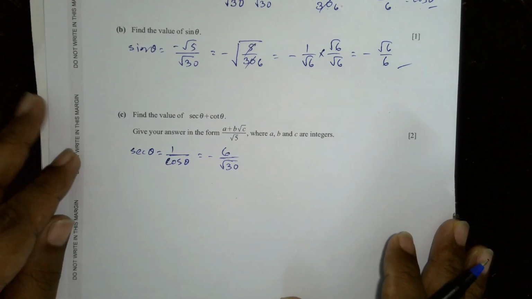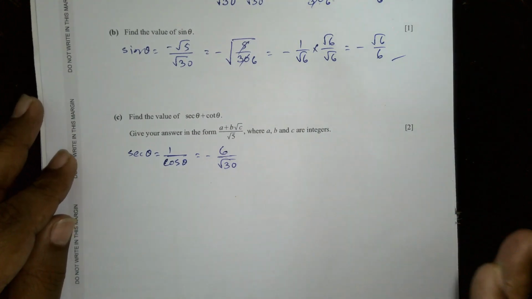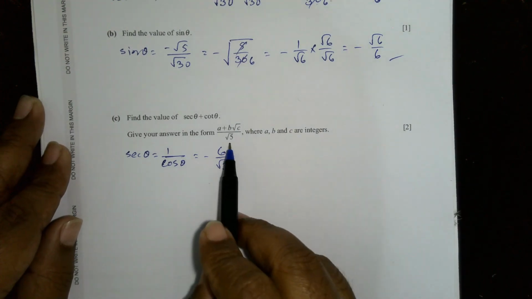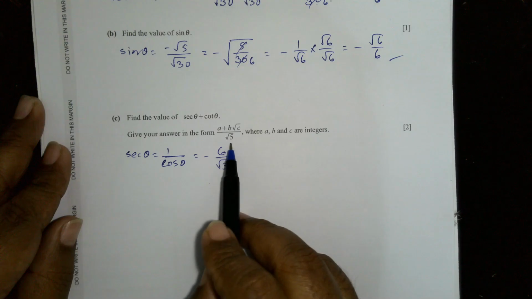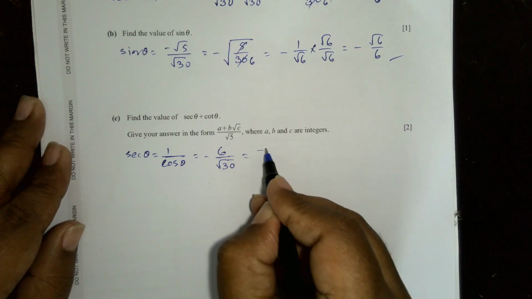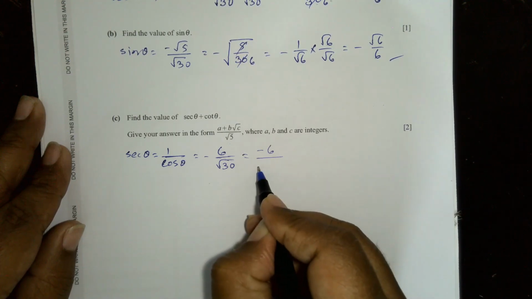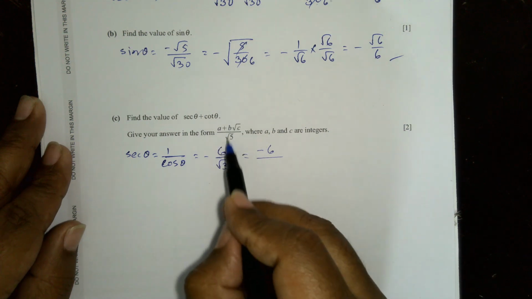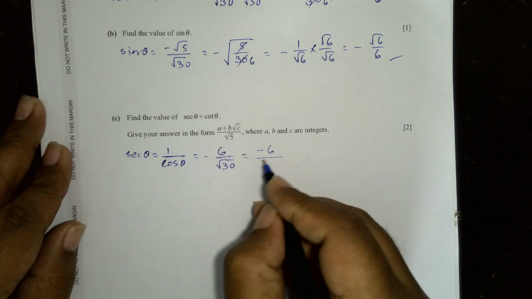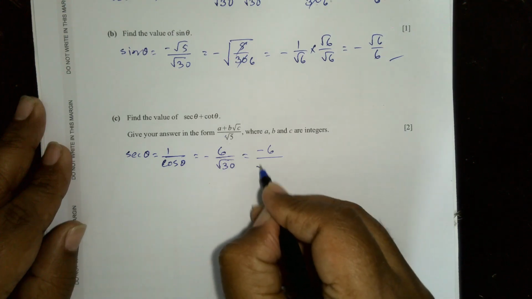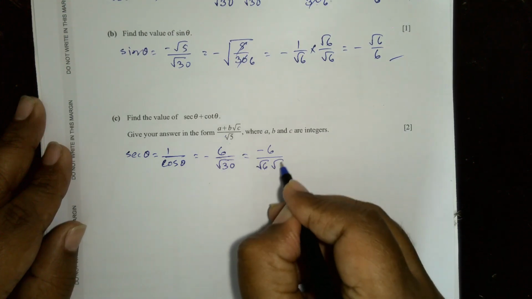Denominator rationalization is not important at this moment, because look, they have a square root in the denominator. For that part, I can do one thing. I can write minus 6 divided by square root 30, where 30 can be written as 5 times 6, since we have a square root 5 here. That's why I'm splitting square root 30 in this manner: square root 6 times square root 5.